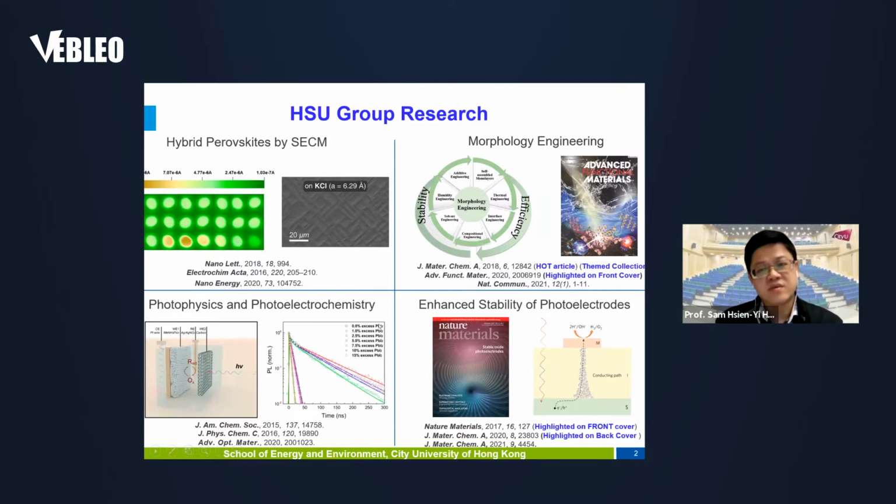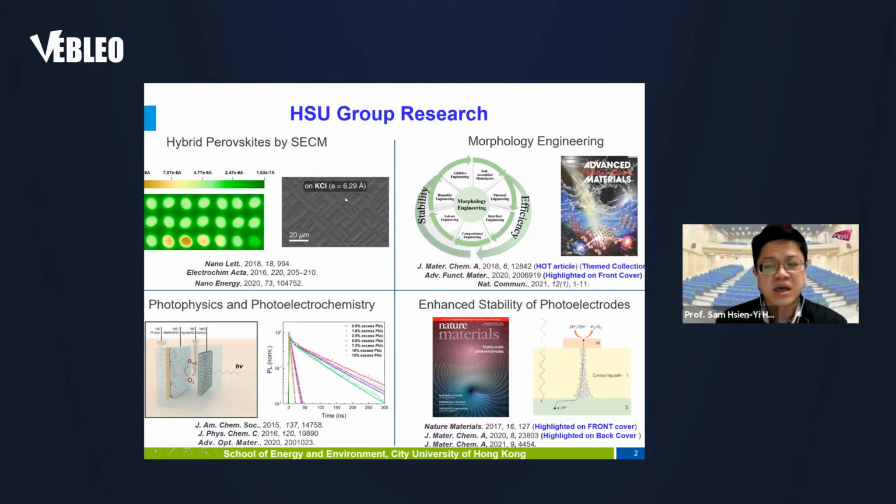I just want to give you some examples of how we use this scanning electrochemical microscope. We use these photoelectrochemical techniques for the design or synthesis of new materials. Here is one of the hybrid perovskites.